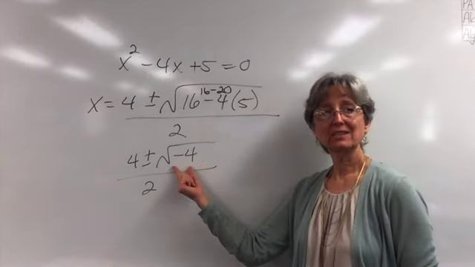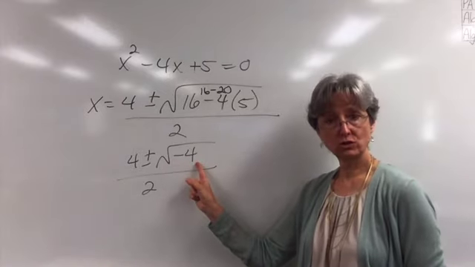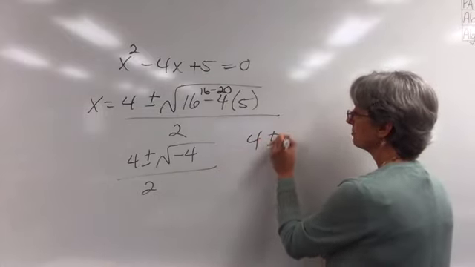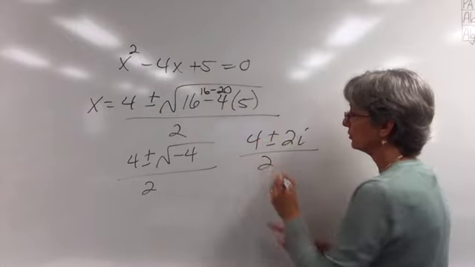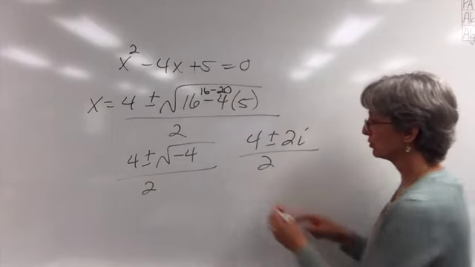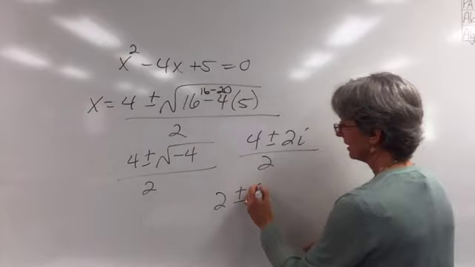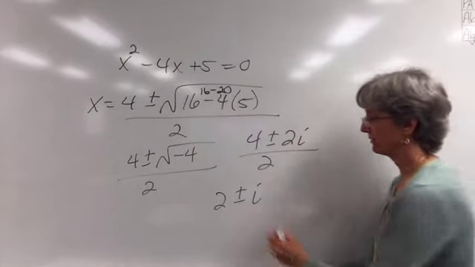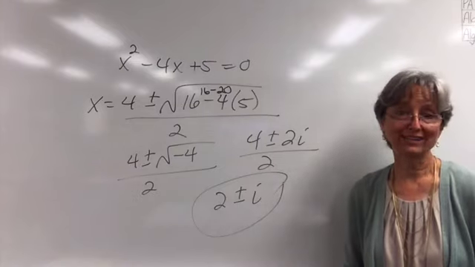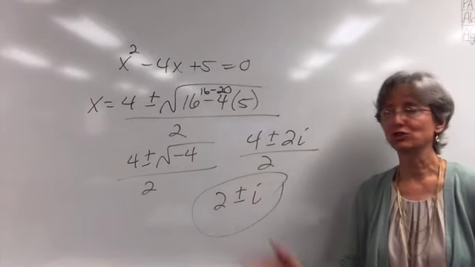All right, the square root of 4 is 2, and that negative is an i, so this is 4 plus or minus 2i over 2. I can reduce. So this becomes 2 plus or minus i. Definitely simplify. There's your final answer. 2 plus i and 2 minus i are your two solutions in this one.